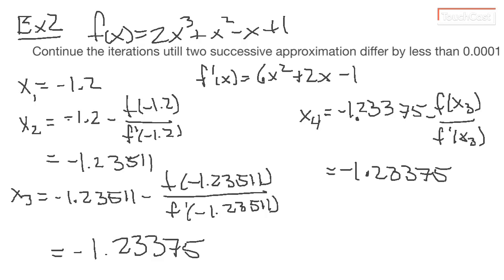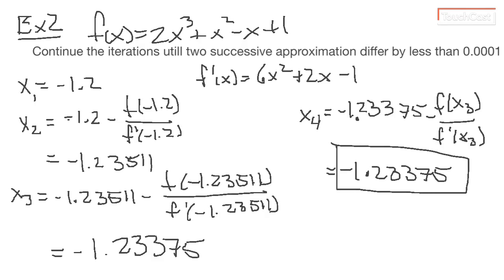So that means I have the number I want. In fact, two successive approximations in a row that give me the same number means they're within my required range of that 1/10,000th.